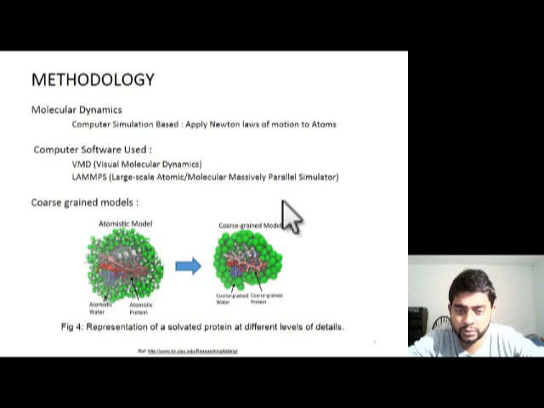And also we use coarse-grain models. Coarse-grain models means a simplification of an all-atom representation to several simple beads. For example, you can see the atomic protein has many atoms, and it is simplified to several simple beads.